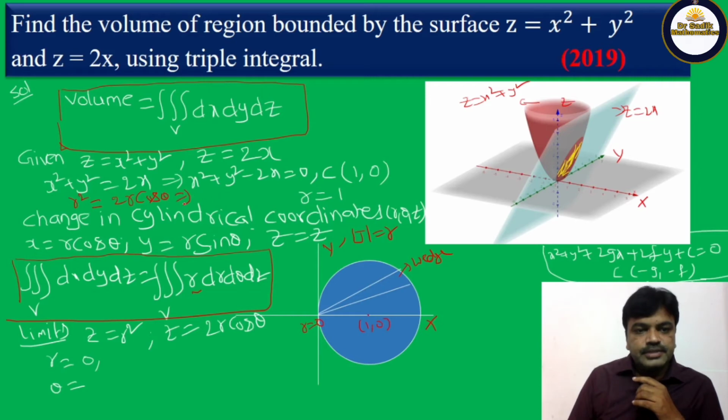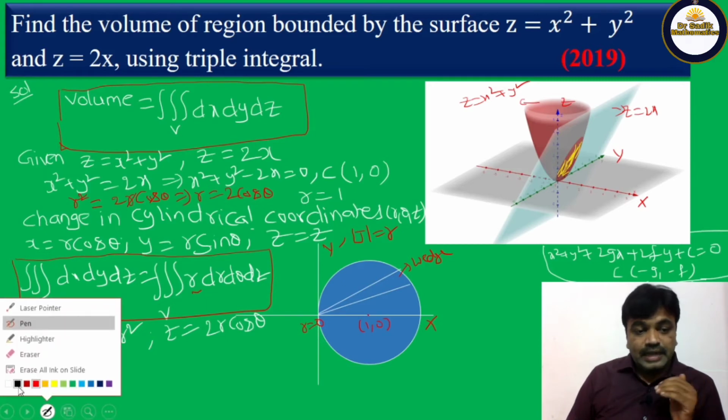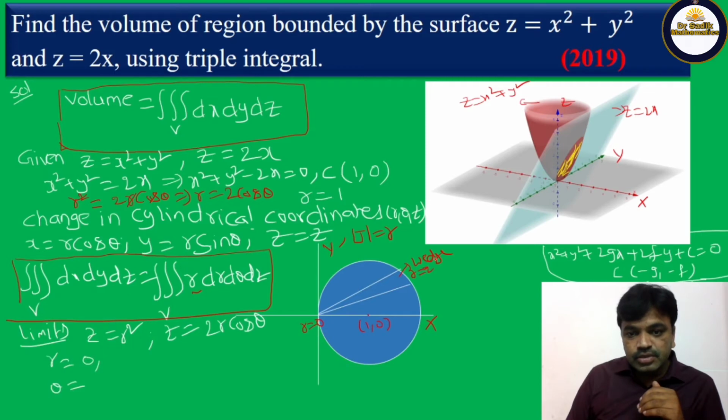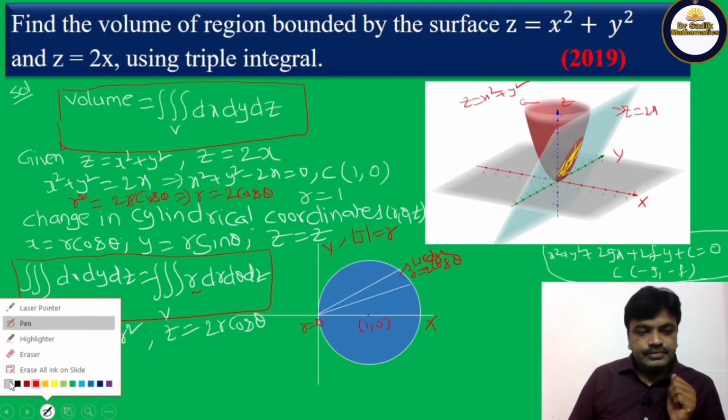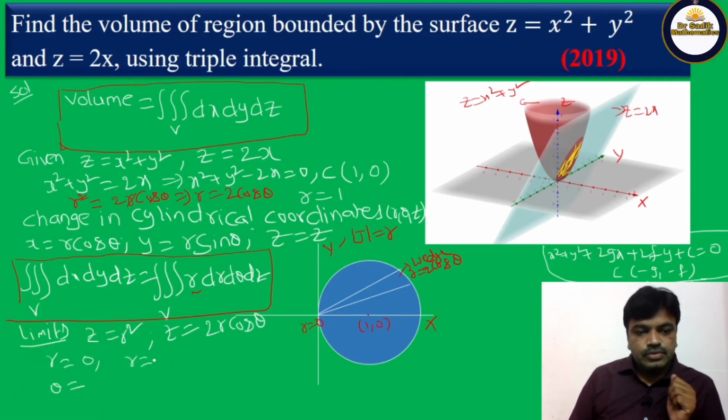That implies r cancels, and we get r equal to 2 cos theta. So one end is 0, and the other end, this curve, is r equal to 2 cos theta.